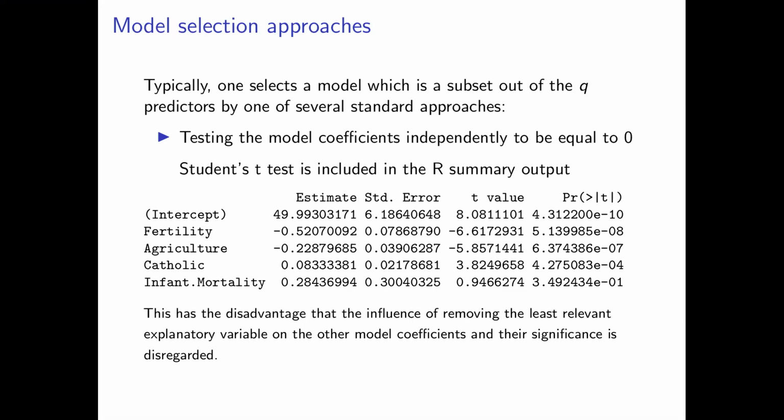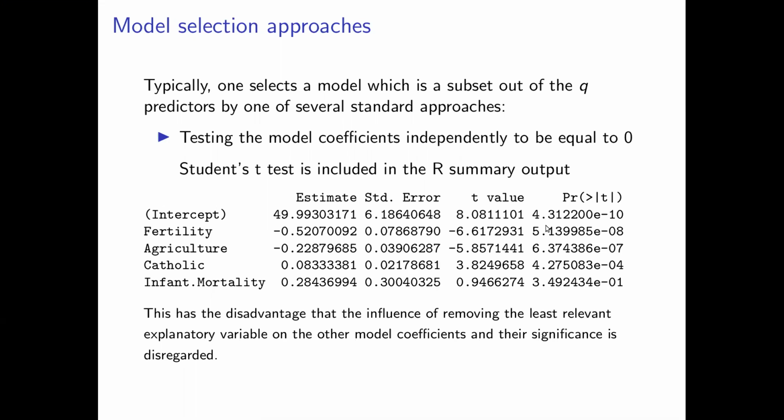You are probably well aware of several model selection approaches, the most typical one being already implemented in R as part of the summary of the multiple linear regression model: the student's t-test for every single one of the coefficients, which tests basically whether this coefficient is equal to 0 or not equal to 0.